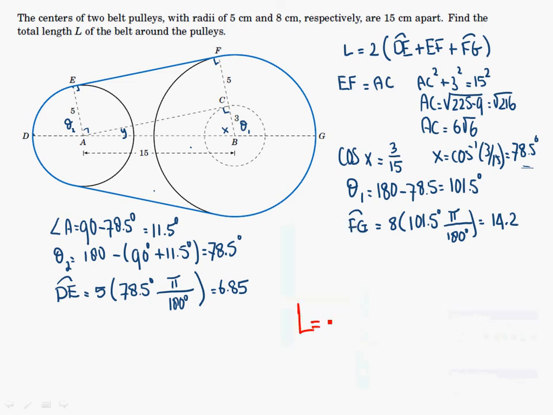So the length of the whole belt was twice, so DE we just found. EF we found as the first one, and I maybe should have labeled this as EF again. EF is AC, which is 6 root 6, or the square root of 216. And then 14.2 for your larger arc length. So it ends up coming out as 71.5 centimeters.